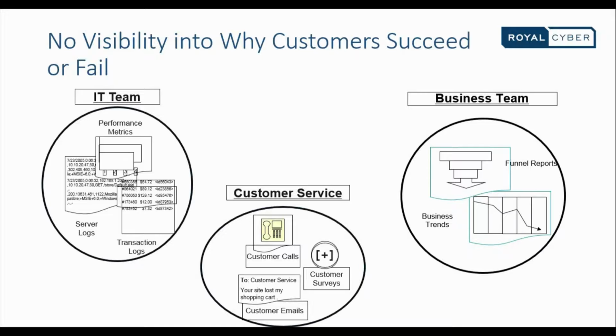The IT team can view server logs and transaction logs to understand a customer's journey. The customer service department can get first-hand knowledge through customer emails, surveys, or calls. The business team can view funnel reports or business trends to observe changes in their sales that could reflect customers' behavior or help them understand their struggle.